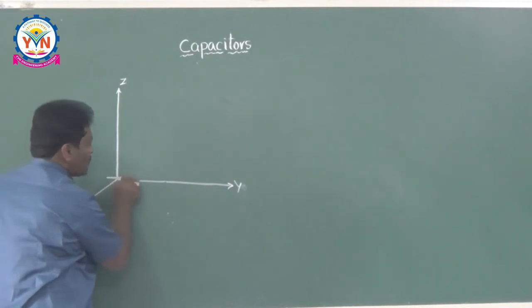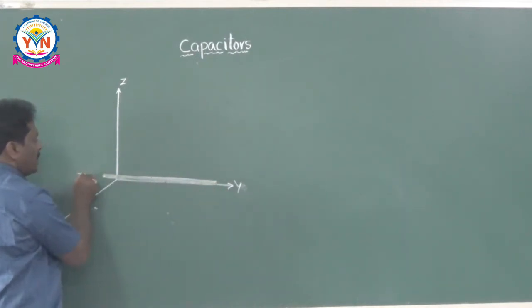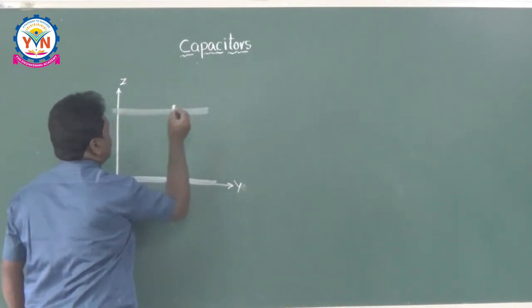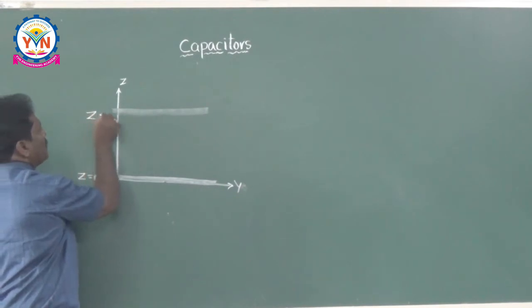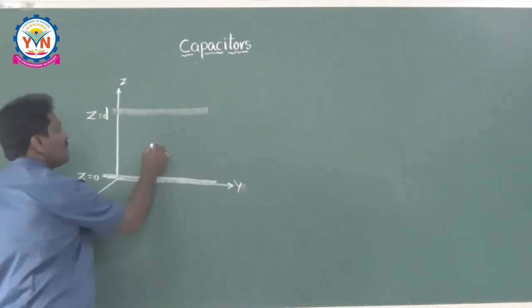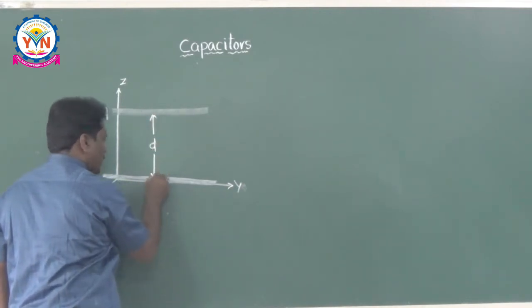The first plate is at z is equal to 0, and the second plate is at z is equal to d. There are two plates separated by some distance d like this. d is the distance between the two plates.